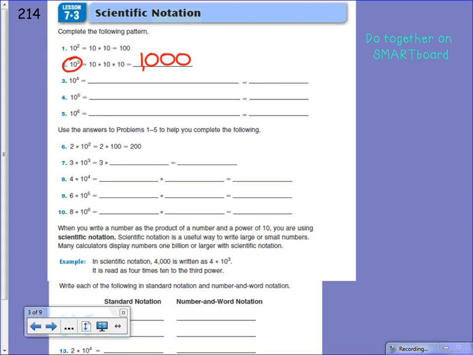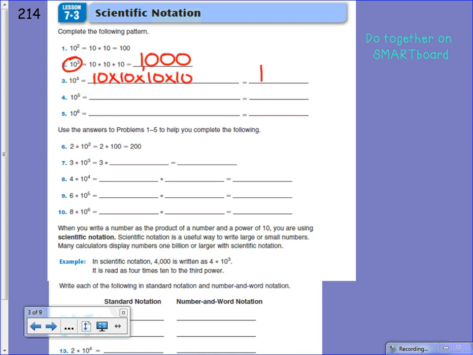So, what does 10 to the fourth mean not in exponent form, Sam? You put 4 10s there. Yep, so 10 times 10 times 10 times 10. Equals, we know what it equals, and we can figure it out pretty fast. How do we figure it out again? Put a 1 and you add your zeros behind it.